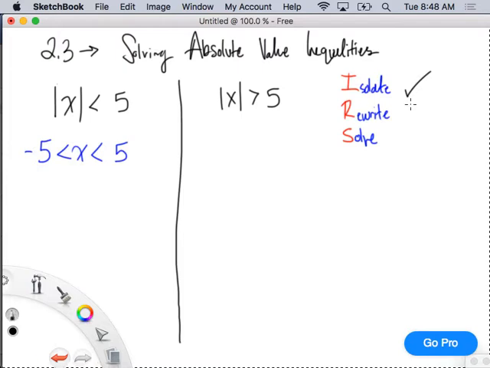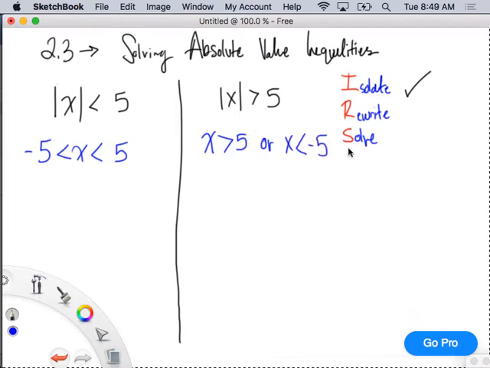So now you rewrite. You always drop the absolute value. That's your first step. But it's more than, so it's not and, it's or. So x is more than 5, or x is. Take the sign, flip it, take the number, flip it as well, make it negative.